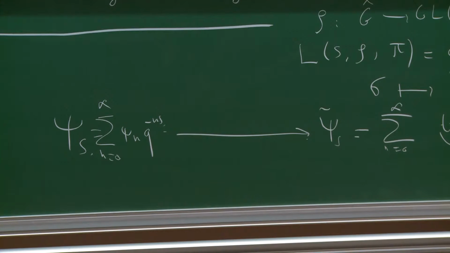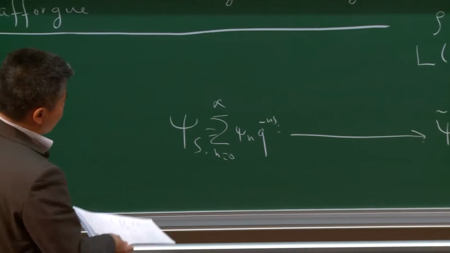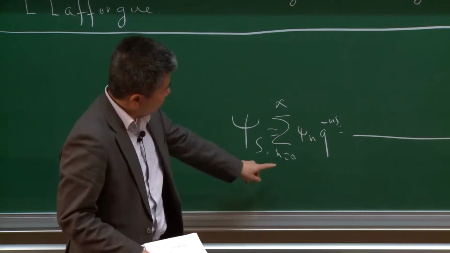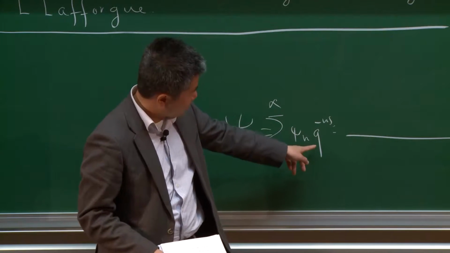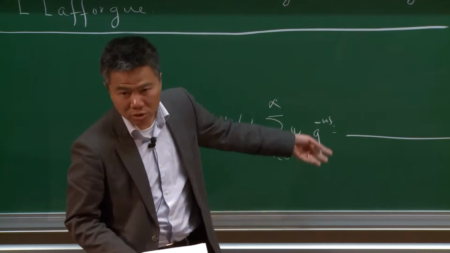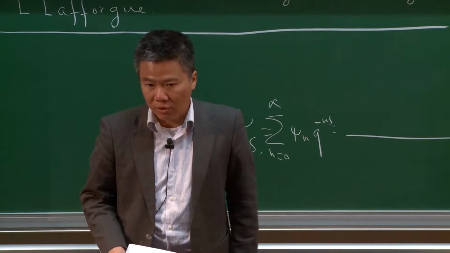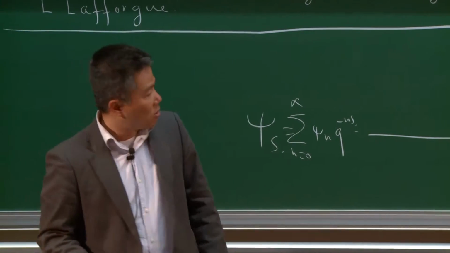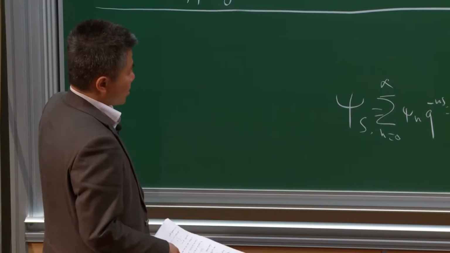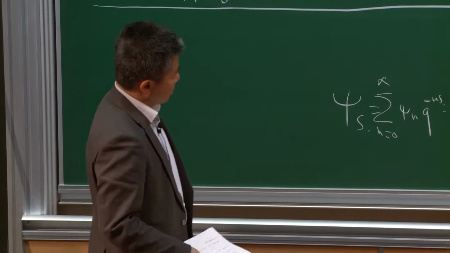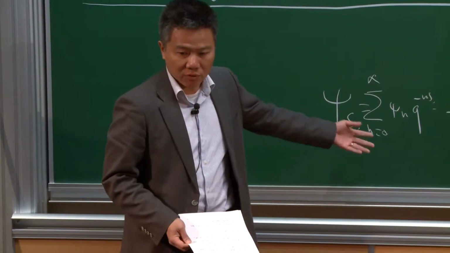It is not difficult to prove that when the real part of s is large enough, this series is going to converge. One can make sense of it for large s. But somehow I would like to put oneself in a situation where it makes sense for any s.